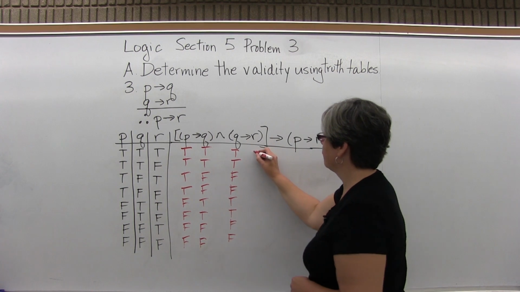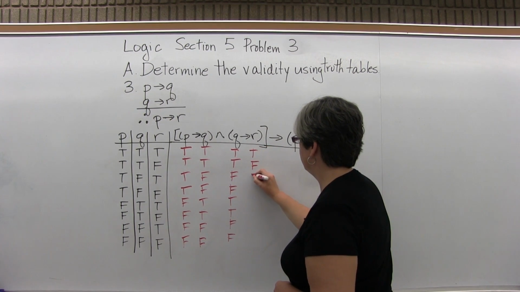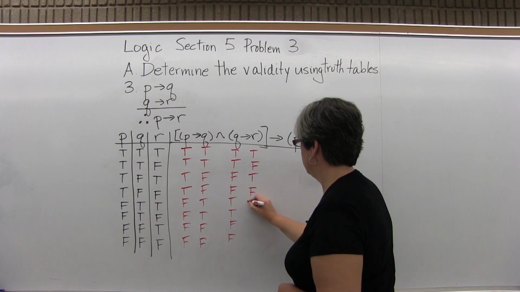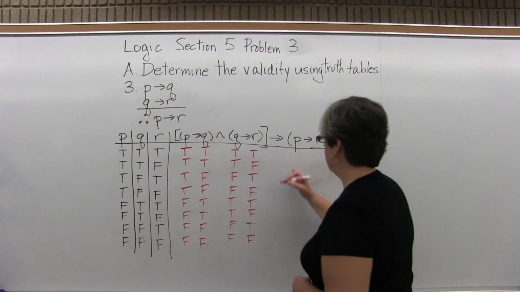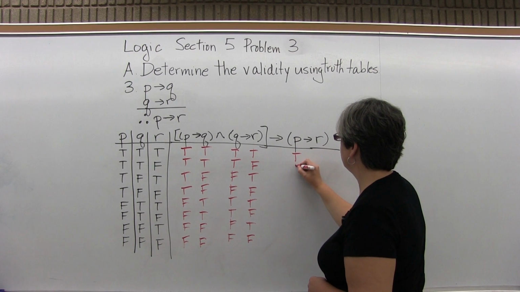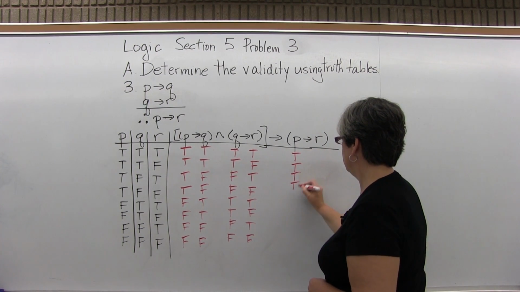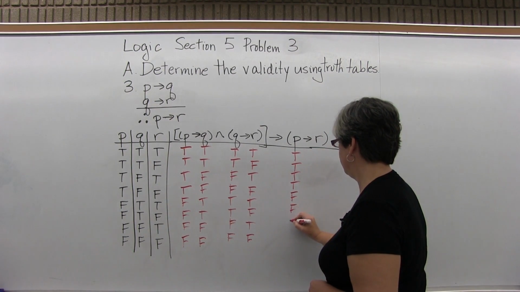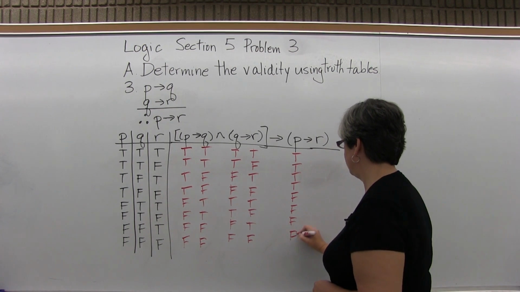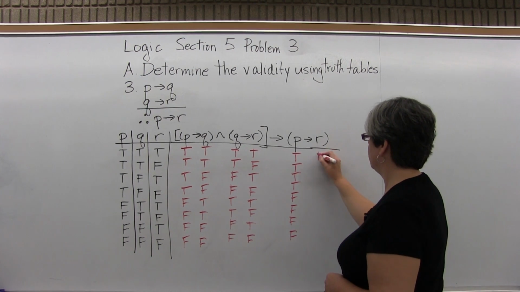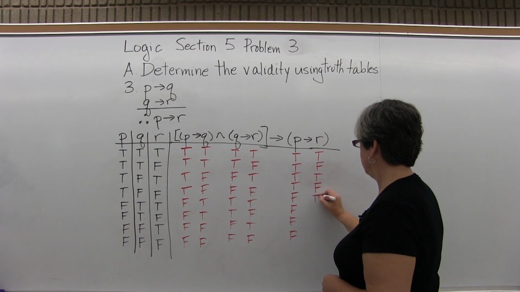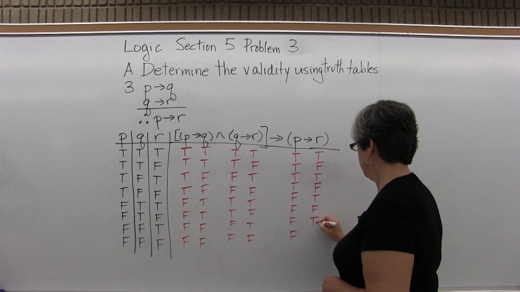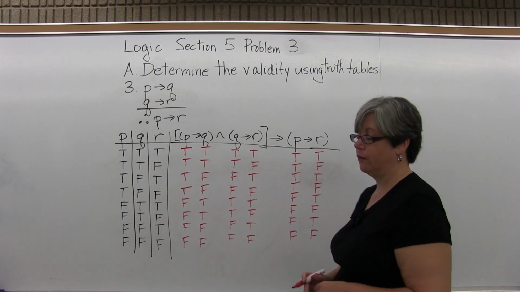For R, true, false, true, false, true, false, true, false. Then P, true, true, true, true, false, false, false, false. And for R, true, false, true, false, true, false, true, false.